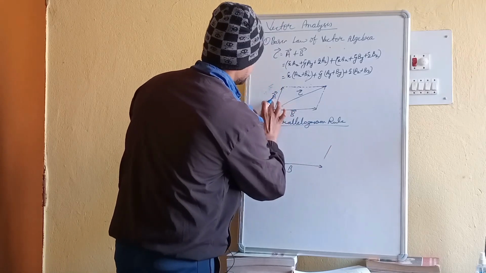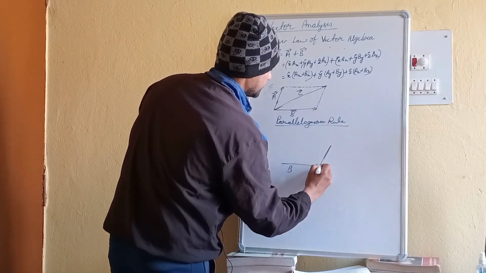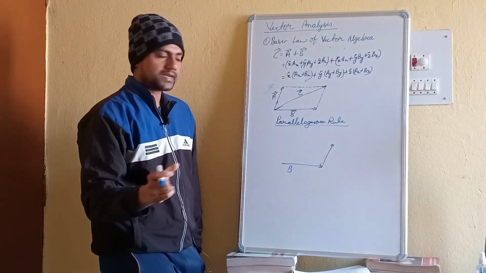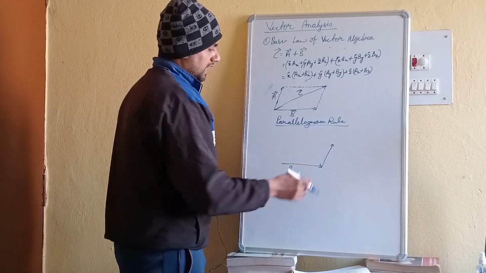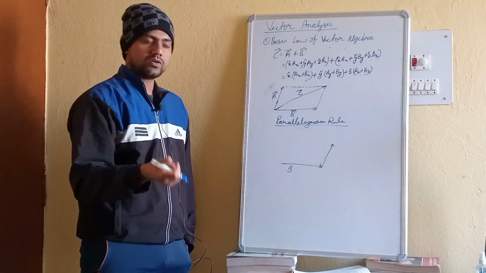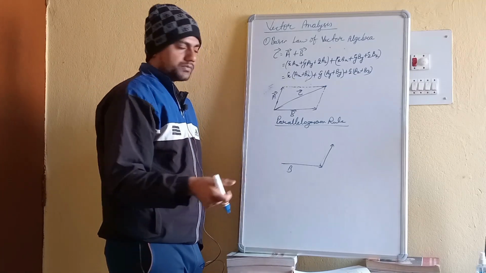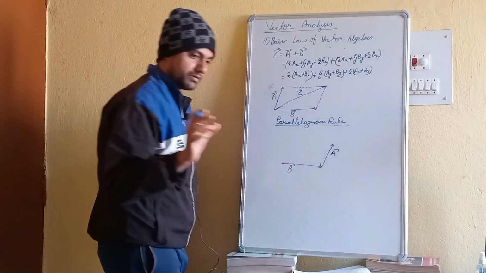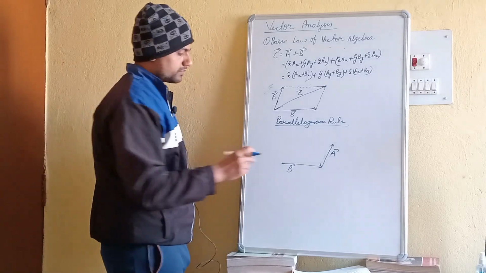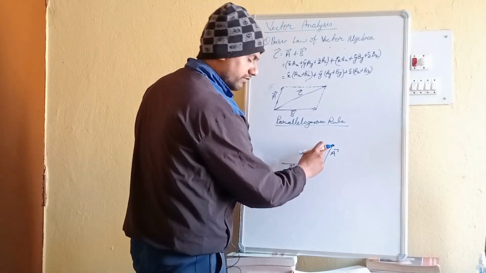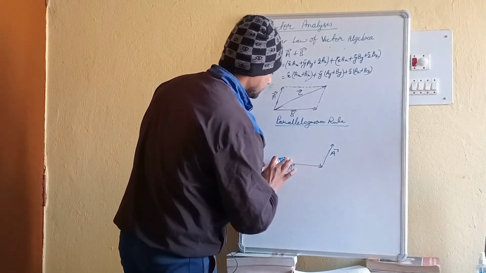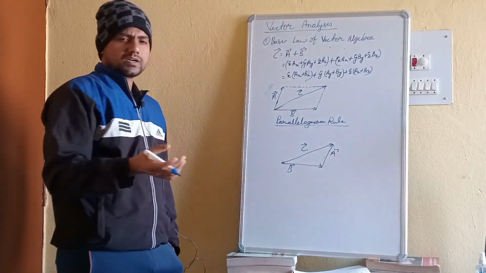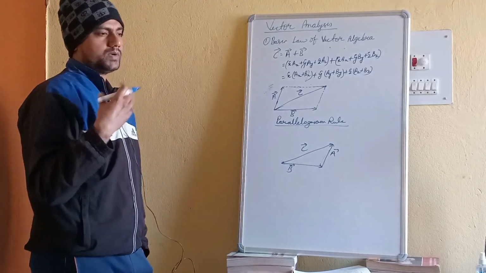Now I'm shifting vector A to the right side, so the tail of vector A comes in contact with the head of vector B. In that way we can add these two, and the third vector, from the tail of vector B to the head of vector A, represents vector C.